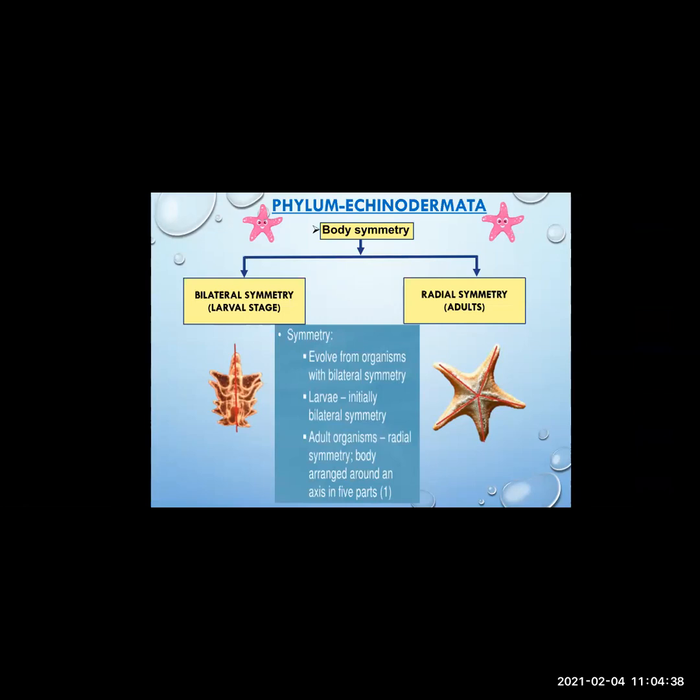So that's why it is bilateral symmetry in larval stage. But if you see the adult, it is radial symmetry, passing through the central axis. Both are starfish only, but this is larval and this is adult. Larval shows bilateral symmetry and adult shows radial symmetry. So you have to remember.